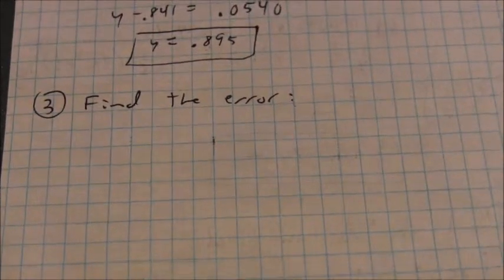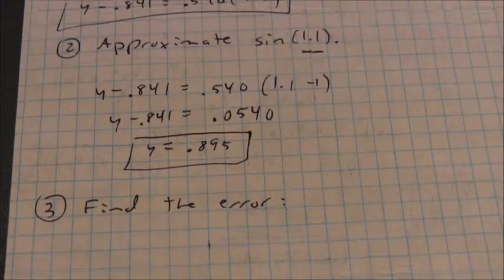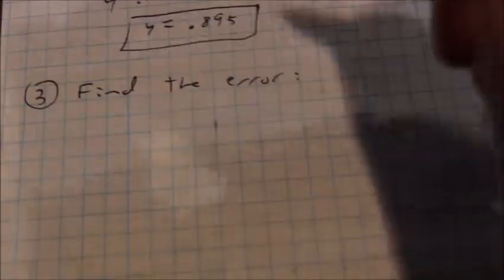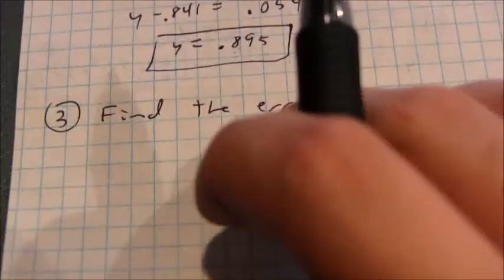Another thing you could be asked is to find the error of approximation. So that's the approximation of sine of 1.1. Basically, you would find the difference between that value and the actual value, which is the sine of 1.1.